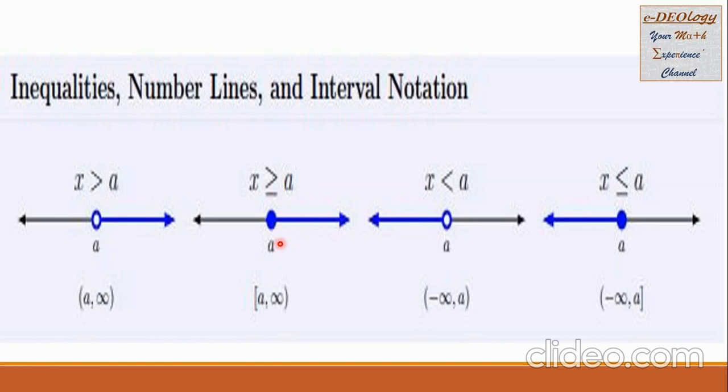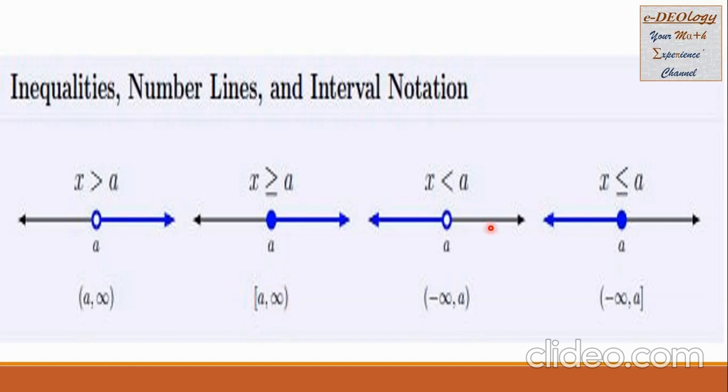Take note that a is part of the solution, so we put a solid dot on the a. For the interval notation, we copy the a and the infinity, and we use the square bracket. For the a, it means a is part of the solution, and after the infinity, we put the parenthesis, because for the infinity, again, we always use parentheses.